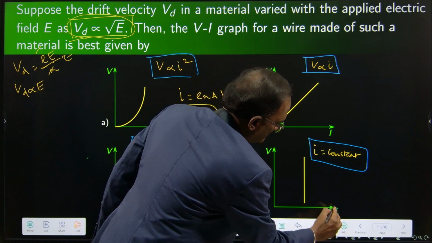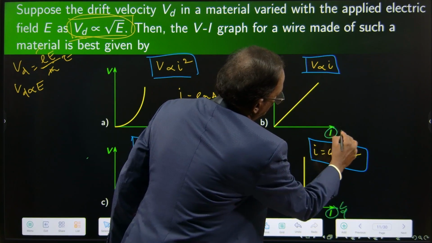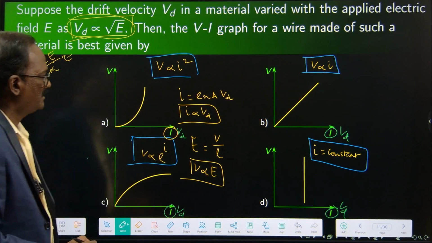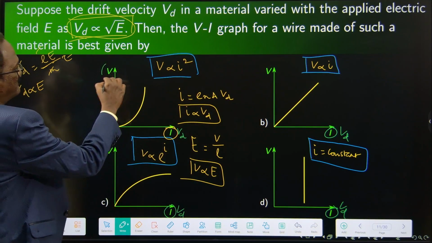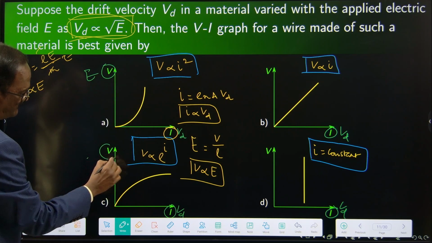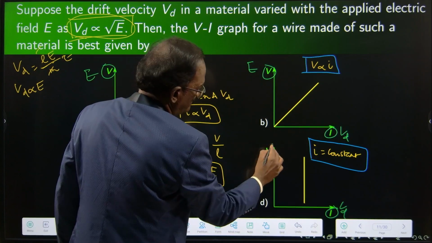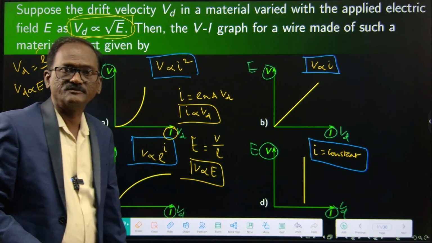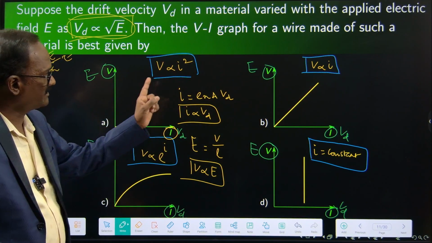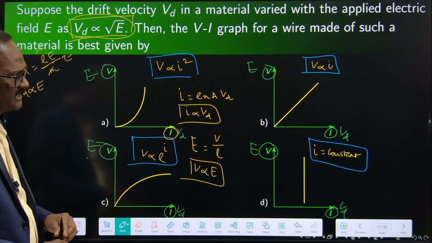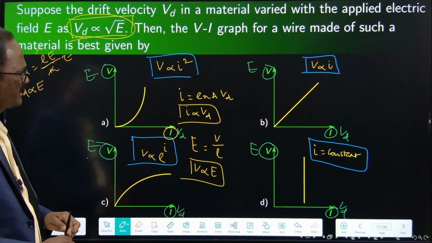Instead of V, I will write E. So the y-axis becomes E and the x-axis becomes I. Everything is between E and Vd only.